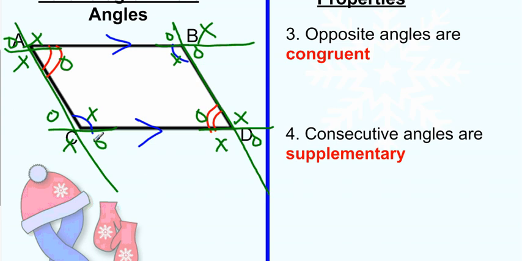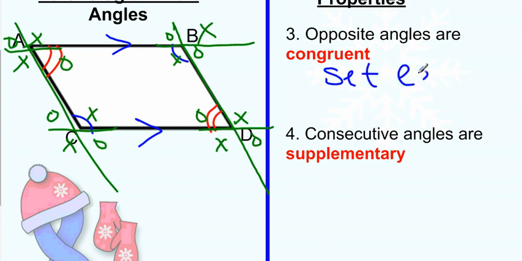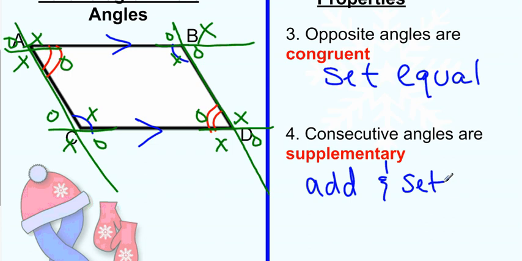And the consecutive angles, remember consecutive means same side, okay, were supplementary, and supplementary means 180. So if they're congruent, we're going to set them equal. If they're supplementary, we're going to add them and set equal to 180. Okay, remember consecutive again means same side.